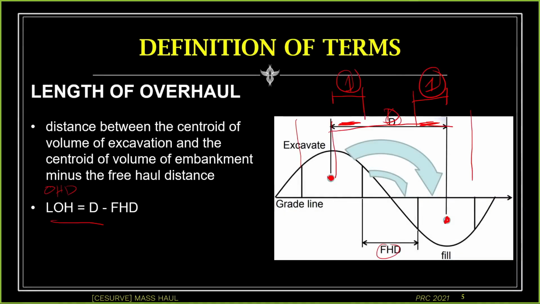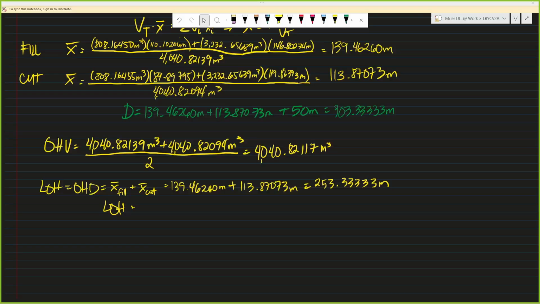Length of overhaul. Isang formula ay D minus FHD. Okay? So guys, for a while, saglit lang. So ito yung isang formula, LOH is equal to D minus FHD. So babalikan natin yung OneNote.